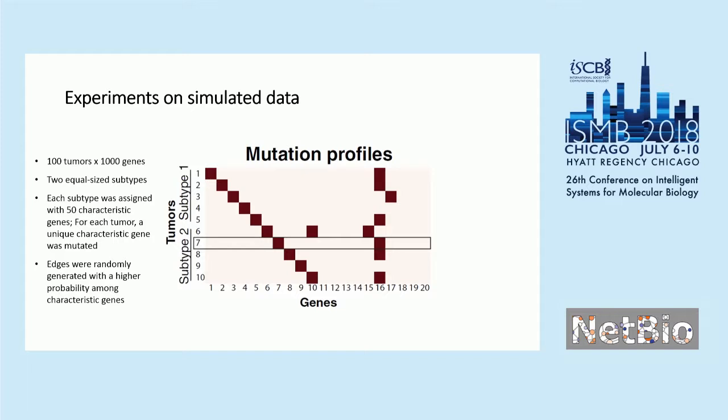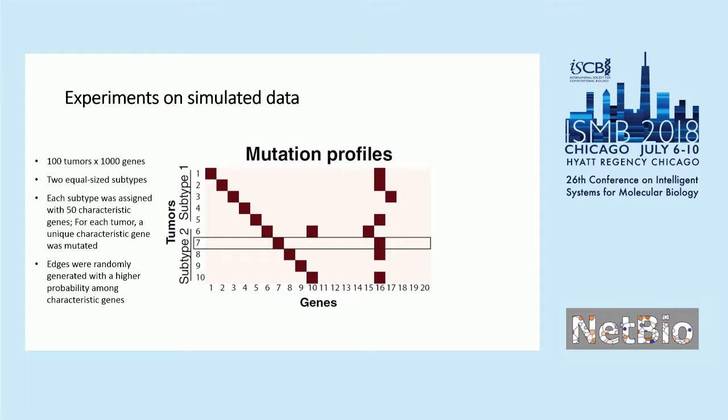Each of the 2 subtypes was assigned 50 characteristic genes, and for each tumor, a unique characteristic gene was mutated. We also randomized some random mutations as well as a high-frequency mutated gene, such as gene number 16 on this map.